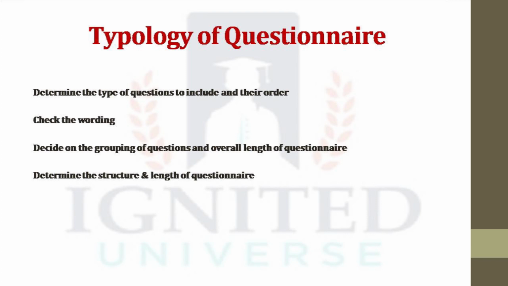Then comes the role of arranging the questions in proper order. The order of questions is of equal importance to the wording used in the questions. Questions communicate and set participants in a particular frame of mind. This frame of mind is set at the start of the questioning process and can change as each question is posed and responded to.